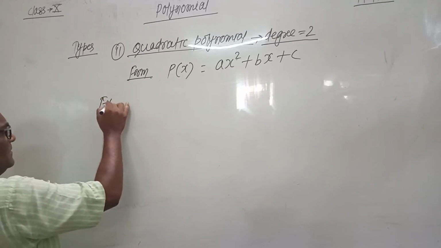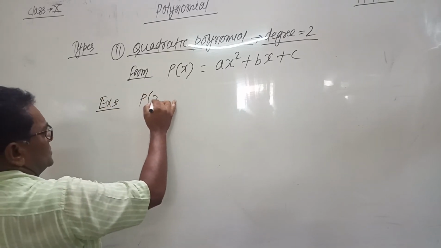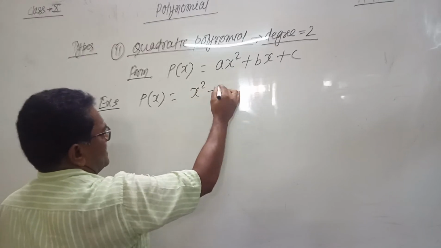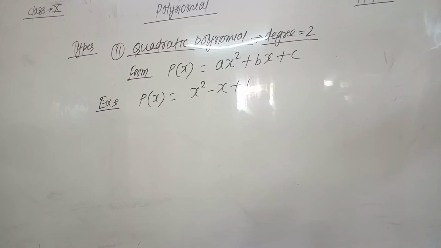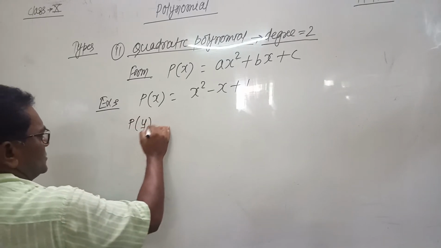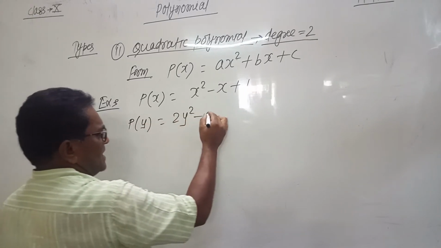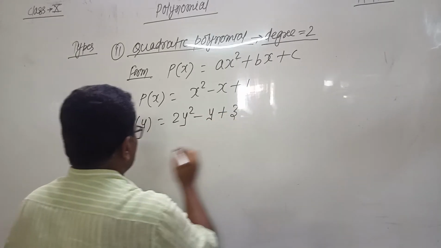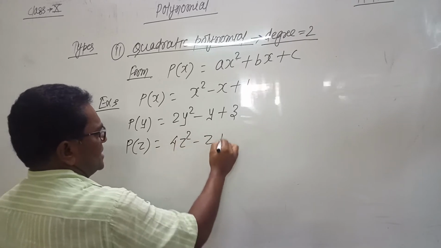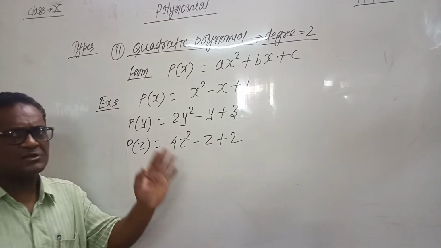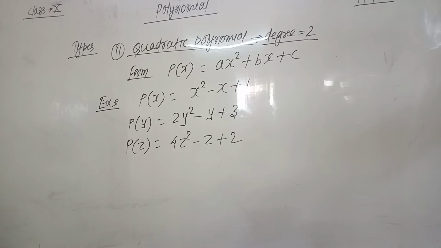As for example, px equals x square minus x plus 1. Here the degree is 2, and a polynomial of degree 2 is called a quadratic polynomial. Py equals 2y square minus y plus 3. Pz equals 4z square minus z plus 2. All these are quadratic polynomials because their degree is 2.